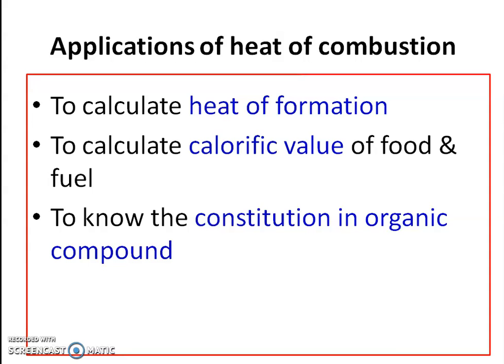The difference between the heat of combustion of methane and ethane is 158 calories, or the difference between the heat of combustion of ethane and propane is also nearly constant, that is 158 calories. This much energy difference corresponds to the CH2 group.